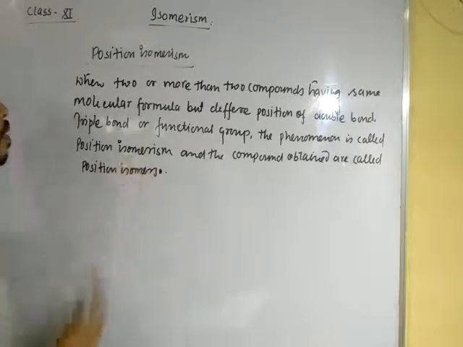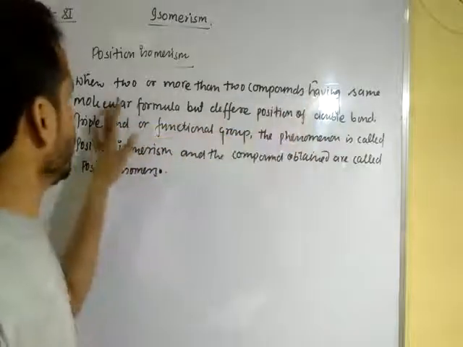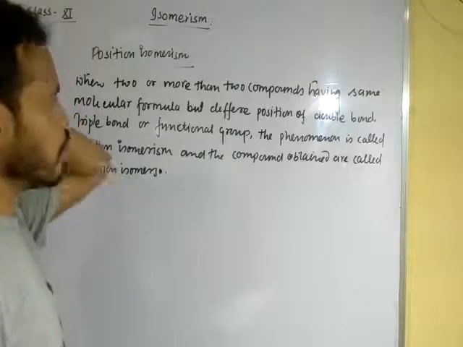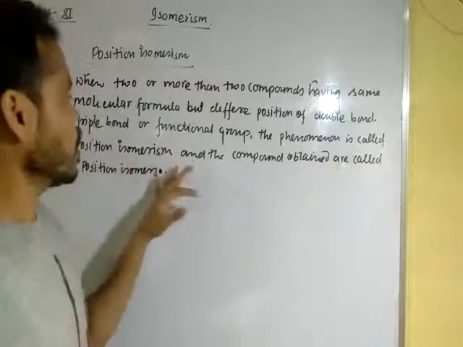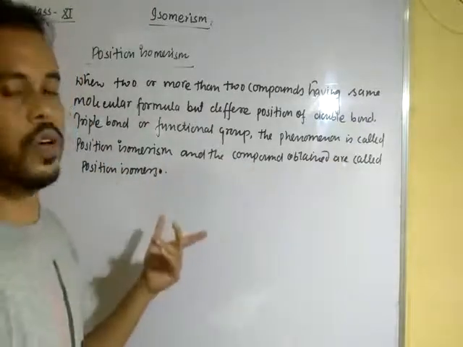Okay dear student, when two or more compounds have the same molecular formula but a different position of double bond, triple bond or functional group, the phenomenon is called position isomerism and the compounds obtained are called position isomers.